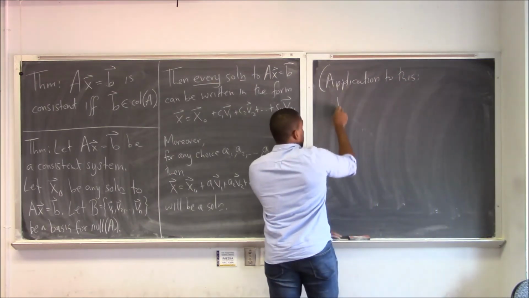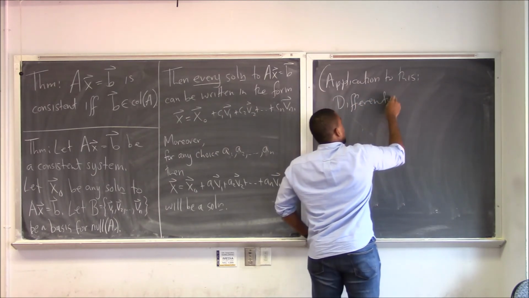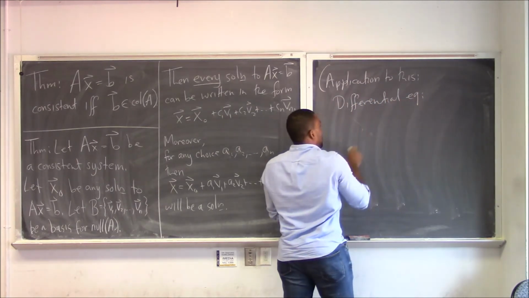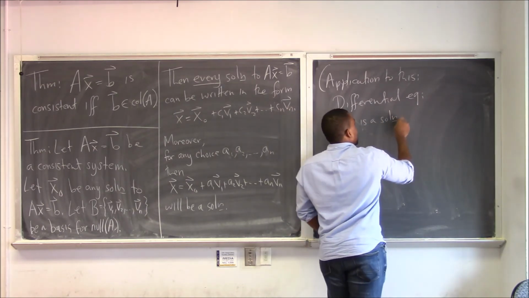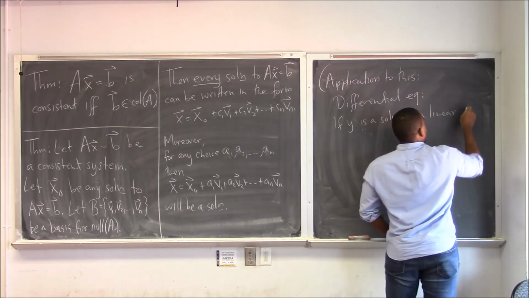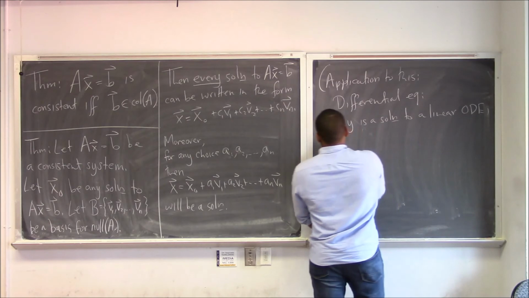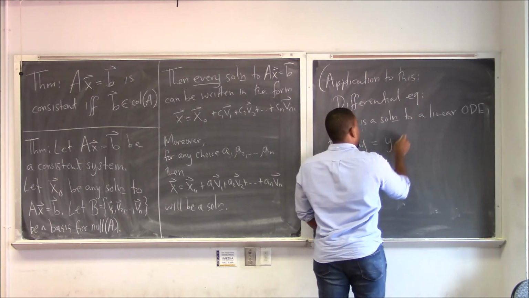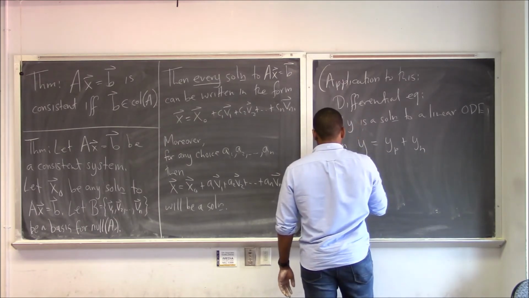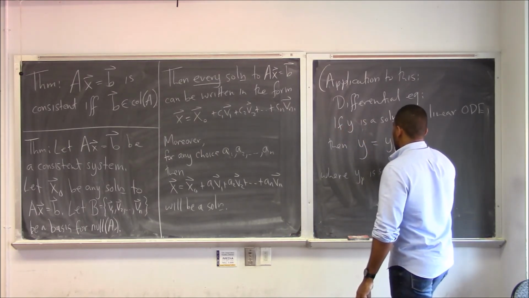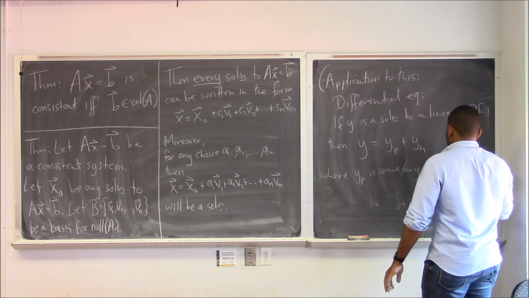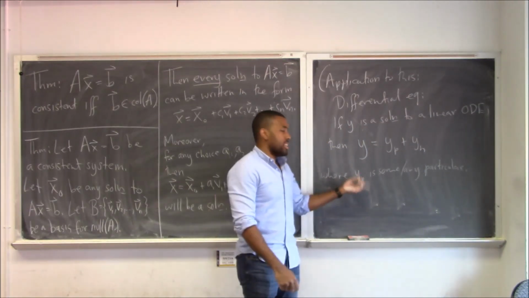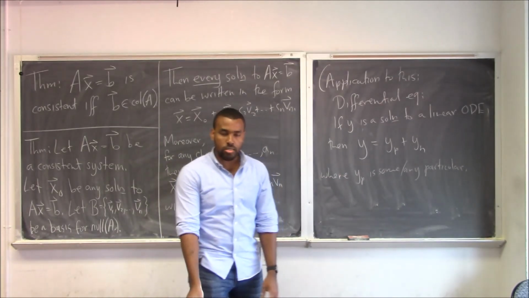An application some of you would have seen already, differential equations, is a nice application of this principle, where we know that if the function y is a solution to a linear ordinary differential equation, then y is equal to yp plus yh, where yp is pretty much any particular solution, which is why your differential equation professor, when he was finding y and he ended up having to integrate, he could ignore all the constants of integration because they don't matter.